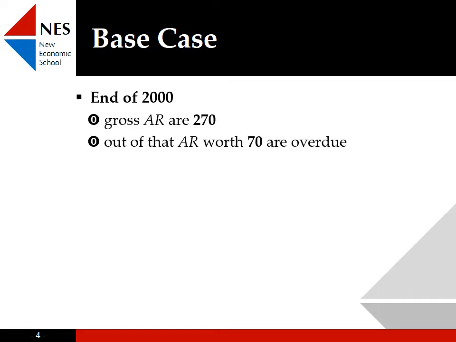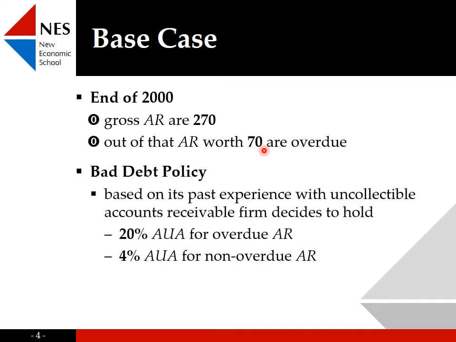This is what we know about the situation of the company at the end of the year 2000. The company has total gross accounts receivable of 270, out of which receivables worth 70 are overdue. In addition, based on its past experience, the company set up the following bad debt policy. It understands that the overdue receivables are much less likely to be collected, and therefore it sets up the allowance at 20% of the gross amount for the overdue receivables.